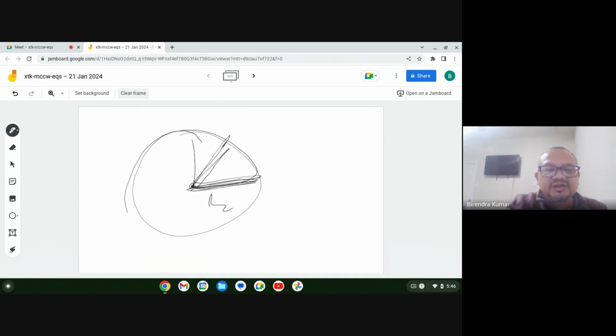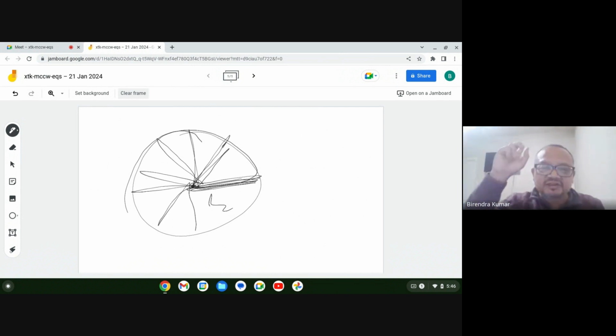Here to here, here to here, or even the ceiling fan that you have. When you run it, it makes a circle, this round thing. This is where you have the switch to start or stop it. So this is the center, and this is the length of the blade of the fan. This is nothing but the radius.